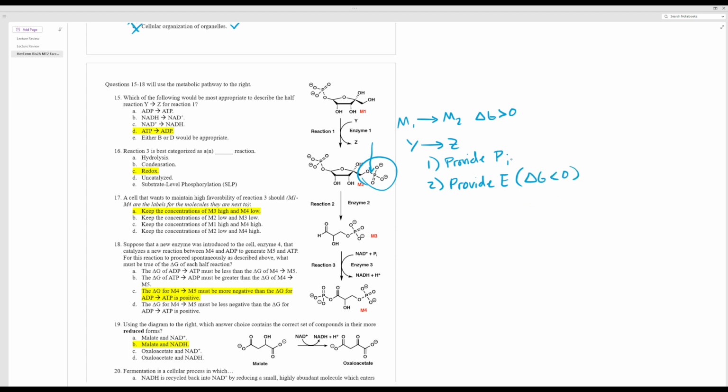Well, what reaction can provide a phosphate group and provide energy? Well, that's ATP to ADP, right? So when we hydrolyze it, we'll end up with ADP plus P sub i plus energy release. So there we go. P sub i, energy, we've just satisfied the 2 requirements we needed out of our half reaction. Okay, so that means Y is equal to ATP and Z is equal to ADP.